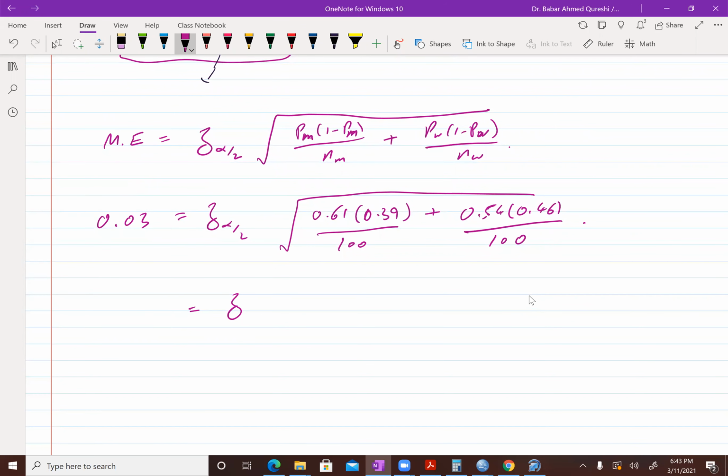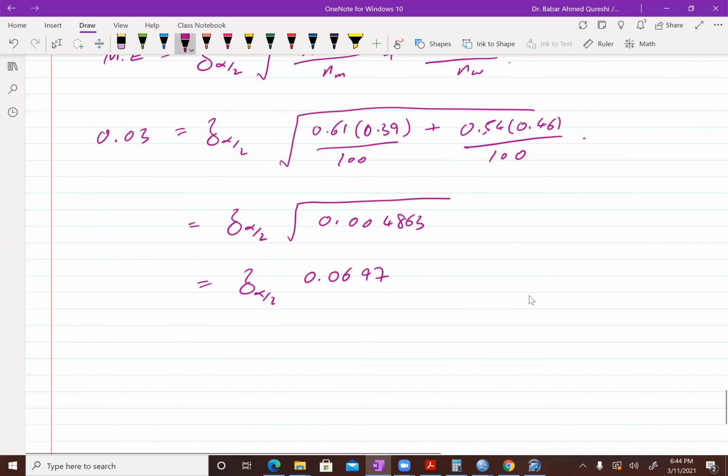So if you do this number, you get 697, and that gives you the critical value, which is equal to 0.43.